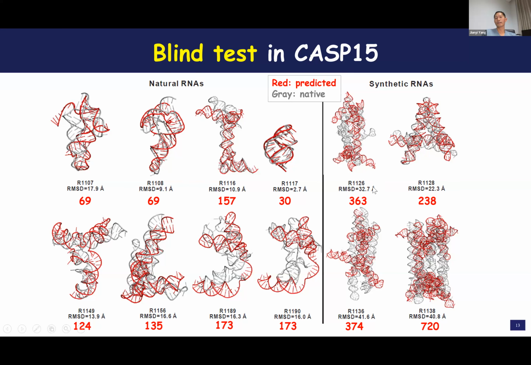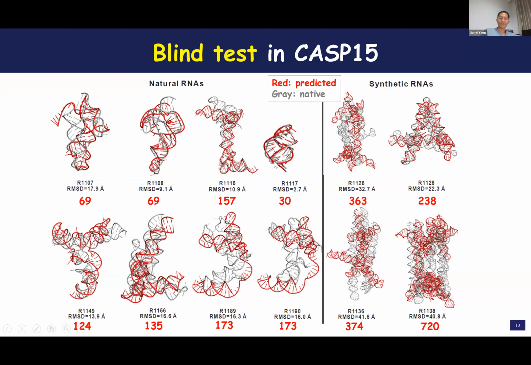On the right hand side, there are 4 synthetic, recombinant RNAs. Here the gray structure is the native one, and the red cartoon is the model predicted by our method. Here, in this figure, we are taking the best submitted model from the 5 submitted ones.